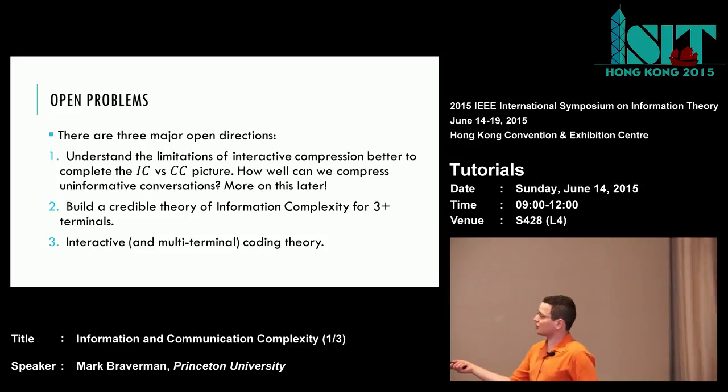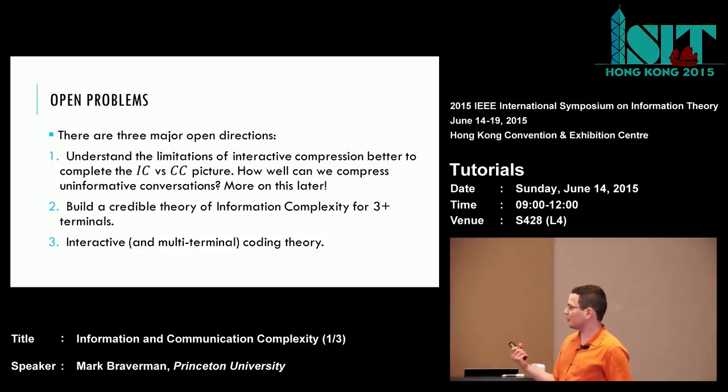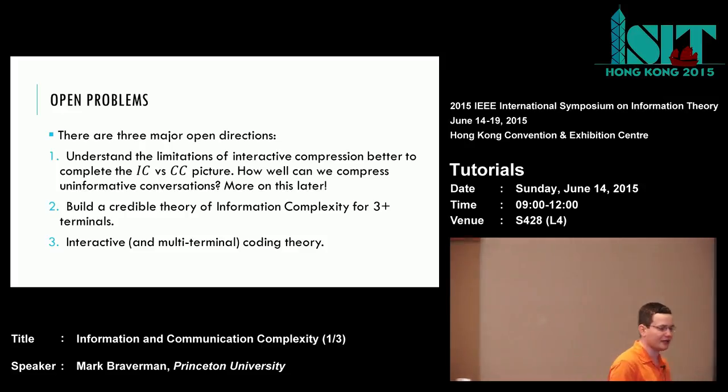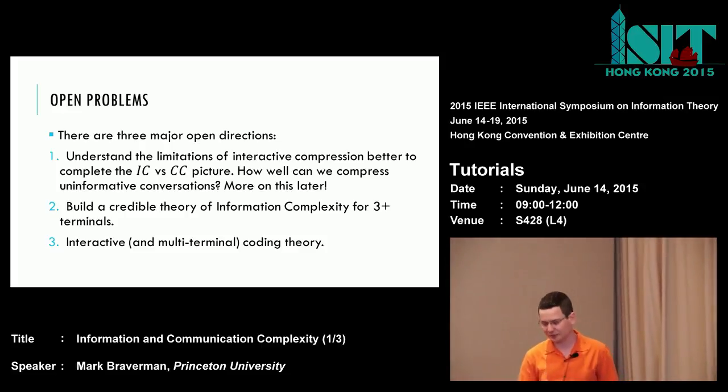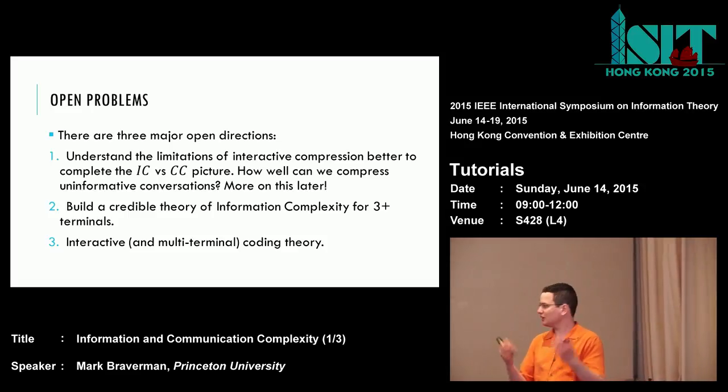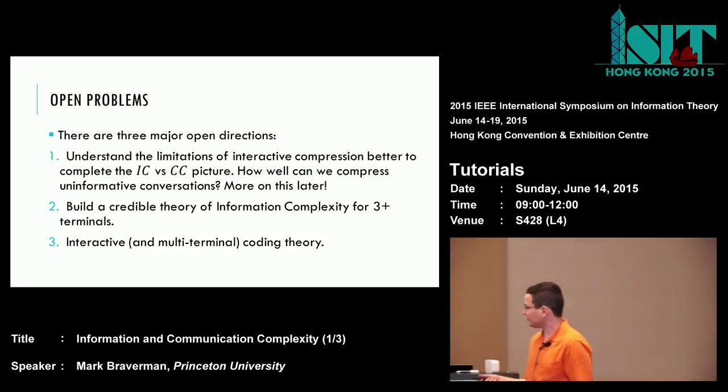A second direction that is kind of more open-ended is building a credible theory of information complexity for 3 or more terminals. Once you're above 2 terminals, all the techniques we have are combinatorial, methods involving tensors and so on.